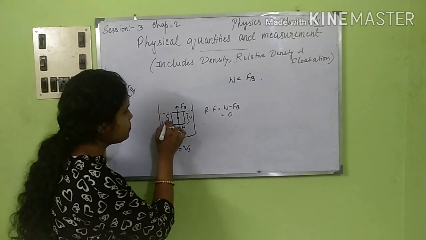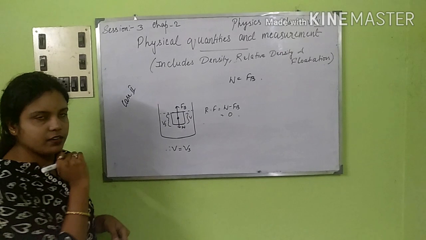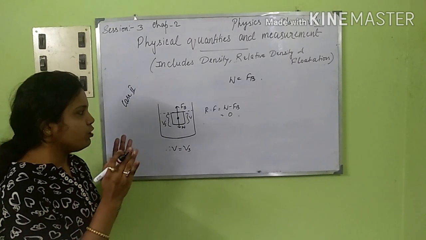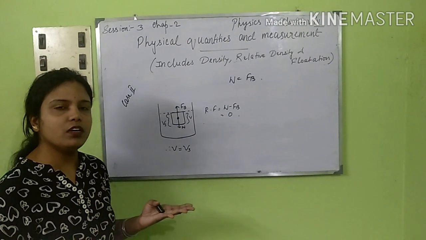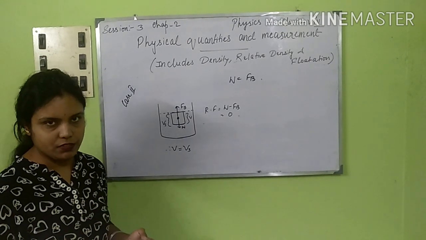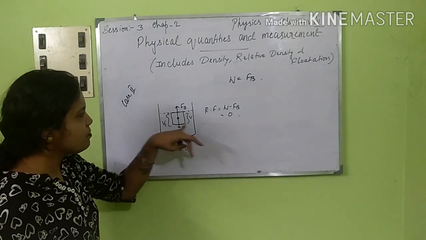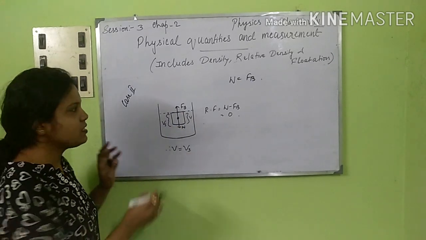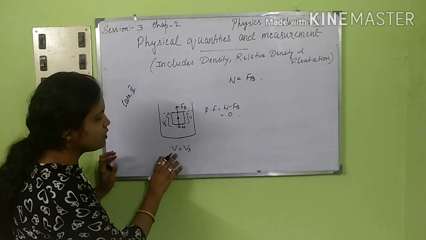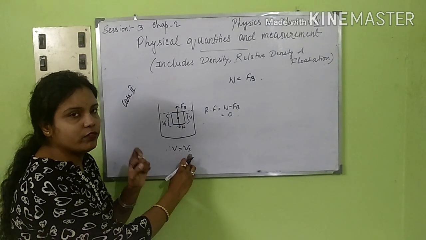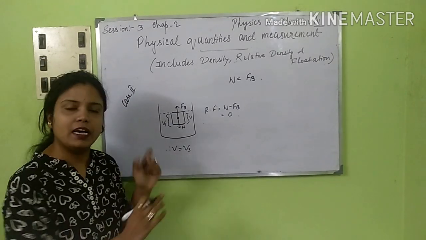And this particular Vs which I have written is the part of the body which is immersed inside the liquid, which can give you the volume of the liquid as if. So we can say both of them are equal, because it is inside the water, so the volume of the solid is equal to the volume of the solid which is immersed inside the liquid.